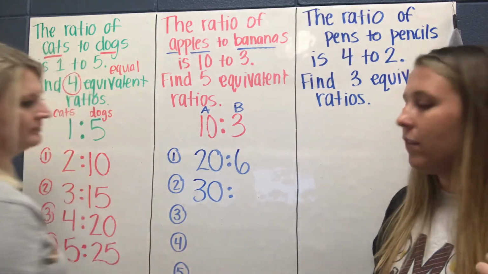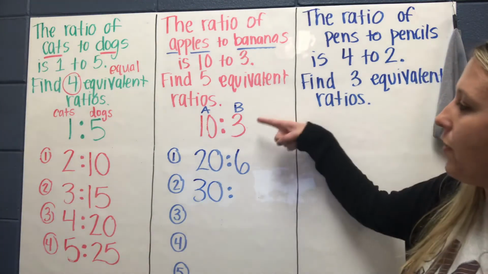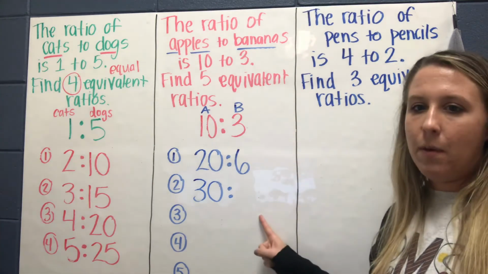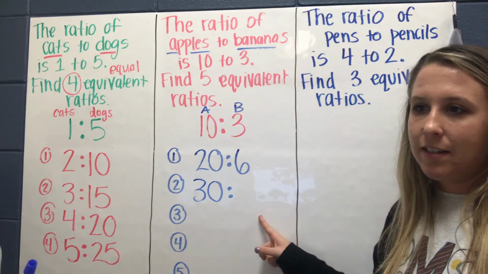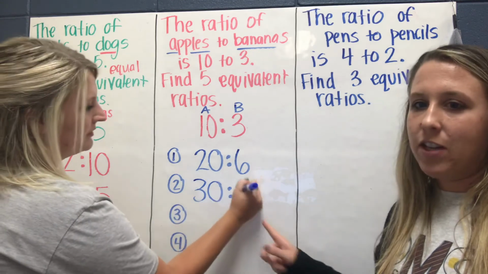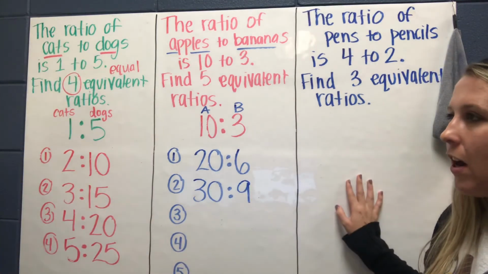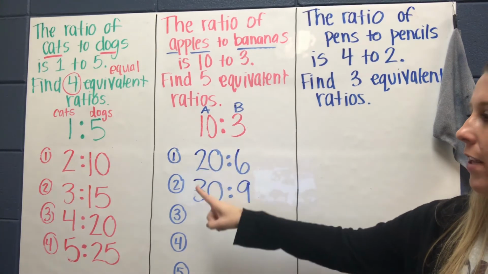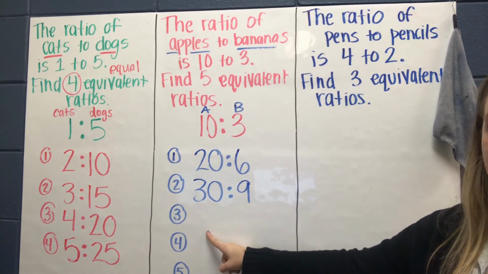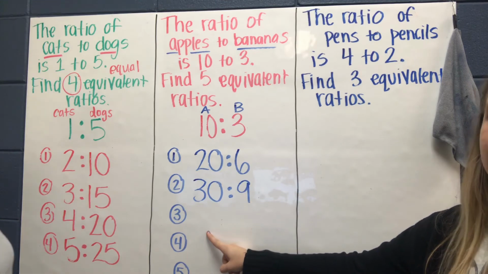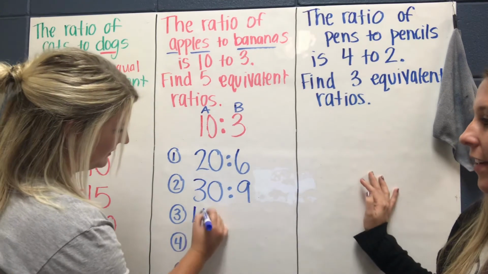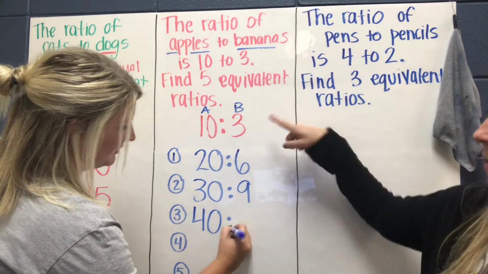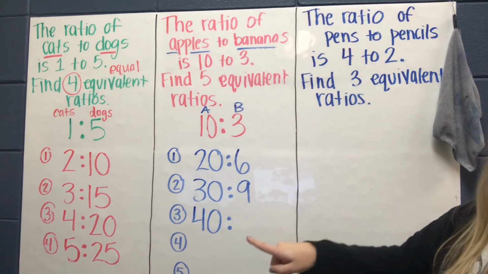30. Good. All right, 3, 6. What would come next? Good. Wow, great job. All right. So for our next one, we have 10, 20, 30, then 40. Good job. All right. Then we have 3, 6, 9.